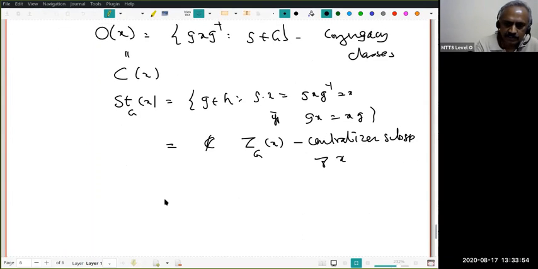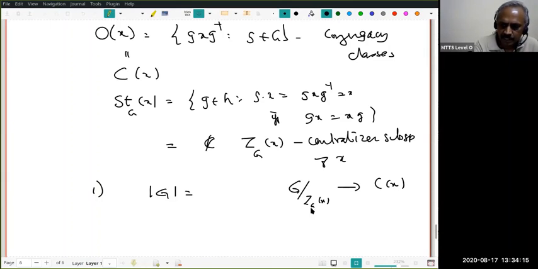Let us therefore quickly recall two facts we already observed. G acts on this. Now we know there is a bijection between G by the centralizer Z_G(x) and C(x). This is the orbit of x and this is the stabilizer subgroup. The number of cosets with respect to the stabilizer subgroup is the number of elements in the orbit.